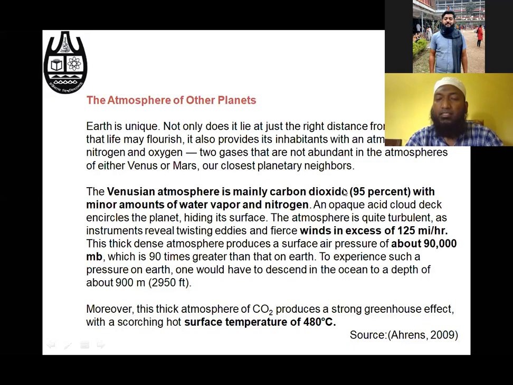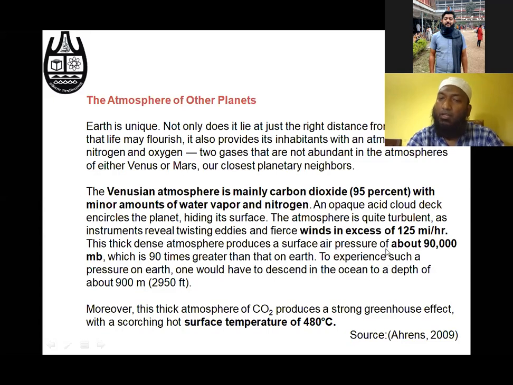Another thing is that they have a very thick, dense atmosphere. Sometimes thickness is also important, because here the carbon dioxide is 95%, and other planets' atmospheres also have carbon dioxide of such percentage, but there is a difference in thickness between the atmospheres of different planets. In Venus, they have 90,000 millibar air pressure on the ground. In our atmosphere, on Earth's surface, we have 1013 millibar.